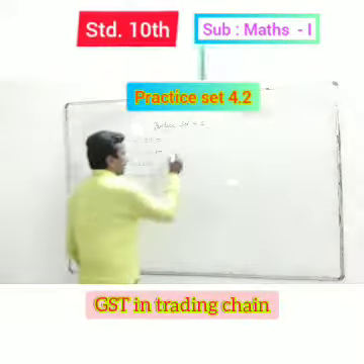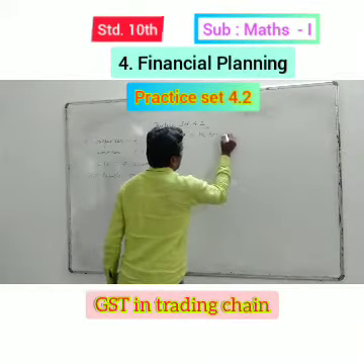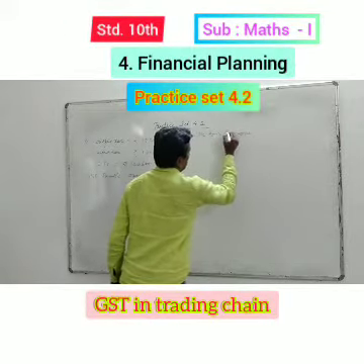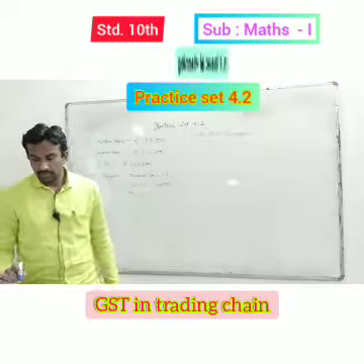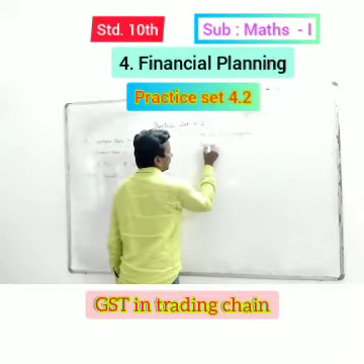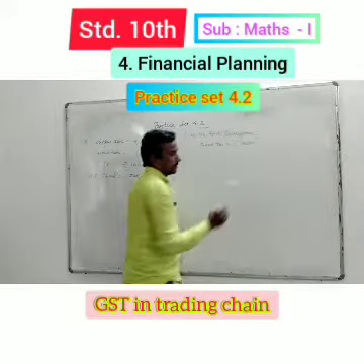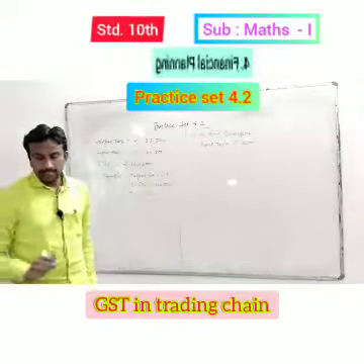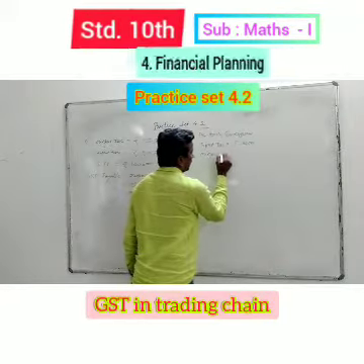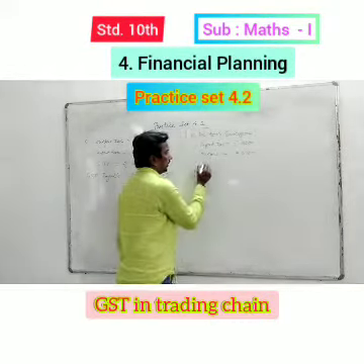For Amir Enterprises, input tax is rupees 3,800. Output tax for Amir Enterprises is rupees 4,100.